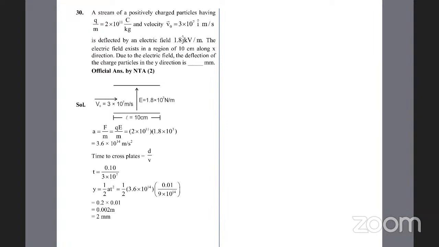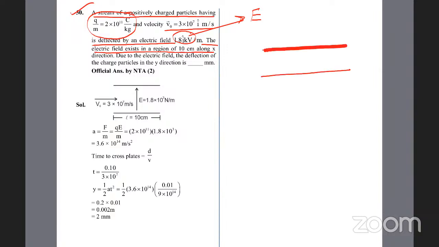So look at the 30th. A stream of positively charged particles having Q by M, also called specific charge, with velocity is deflected by an electric field. E value is given. The direction is minus j cap, that is y direction. The electric field exists in the region of 10 centimeter along the x-axis, like this. And you have to find, due to electric field, the deflection of the charge particle, so y value.